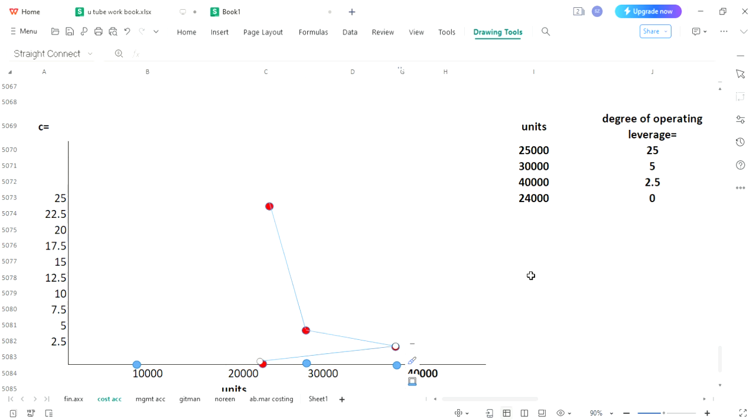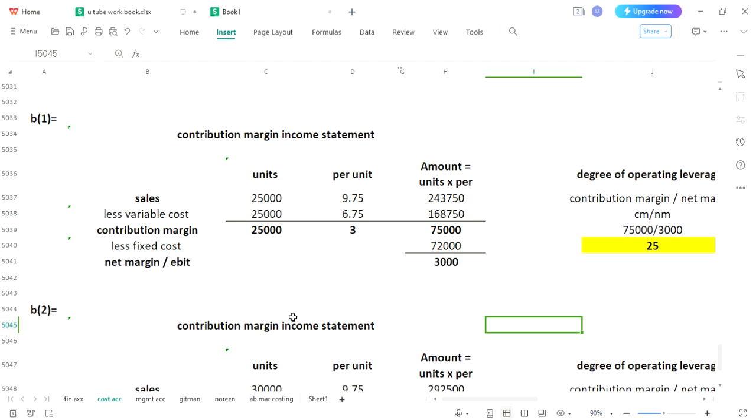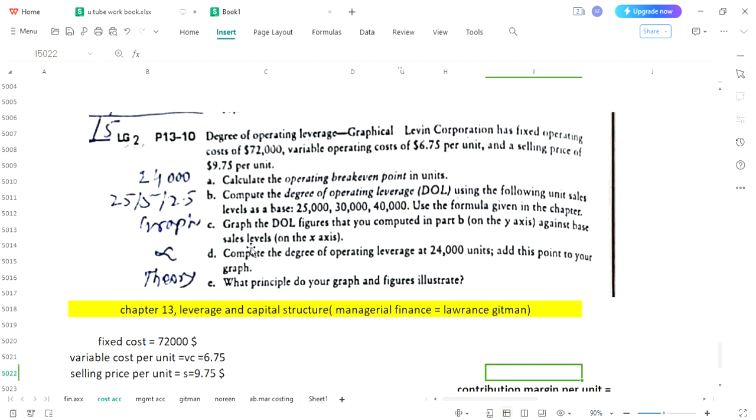So we have already made the graph at this stage. If you want to make the graph like this, you can write it as we have done. You may write it or you may not, just for presentation. You will write just this red point to present it. Okay, so let's go back to the question and see what else is said in part D. We have already made the graph.